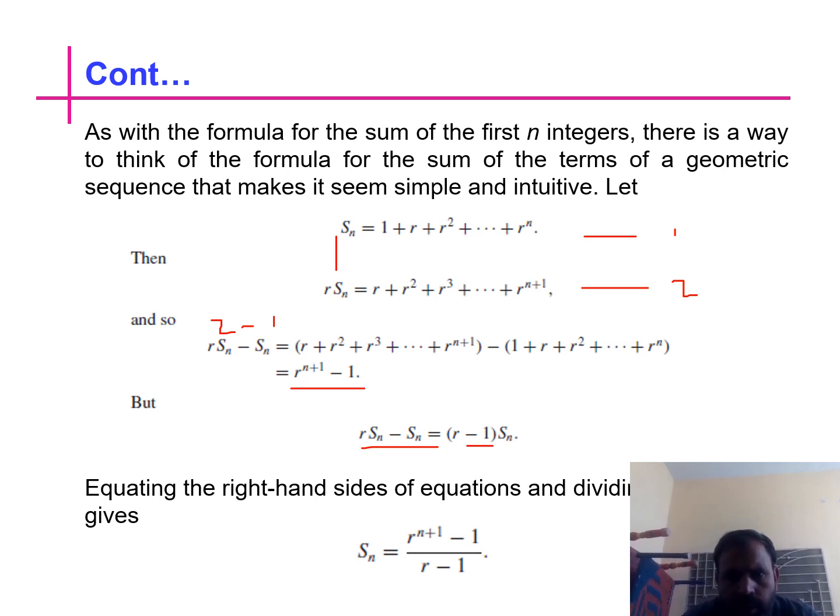So equating the right hand sides of the equations and dividing, we can see that S_n is equal to (r^(n+1) - 1)/(r - 1). Here you can see that S_n times (r - 1) is equal to r^(n+1) - 1, and then this will be divided on the right hand side.